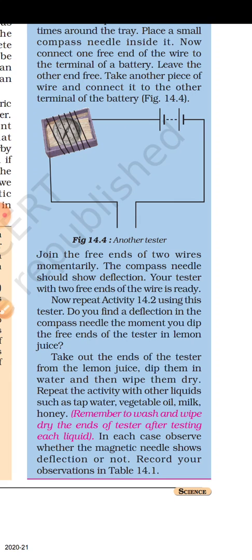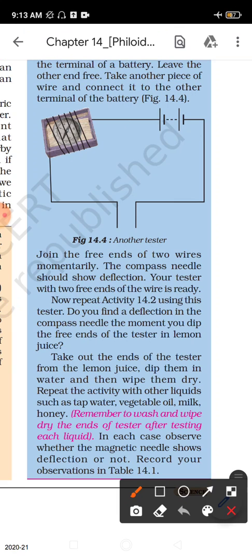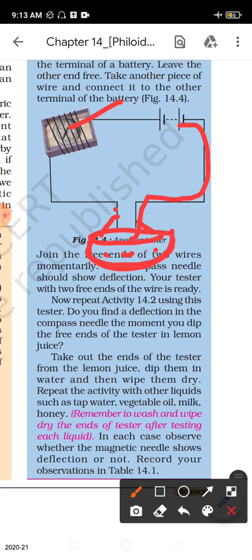So when we dip both free ends in the lemon juice, let us take this bottle cap in which the lemon juice is placed, we dip both the wires in it and we will see the deflection in the needle of the compass. The current from the battery will flow through one end of the wire and pass on to the other wire, and the current will start flowing through the wire wrapped on the matchstick tray.